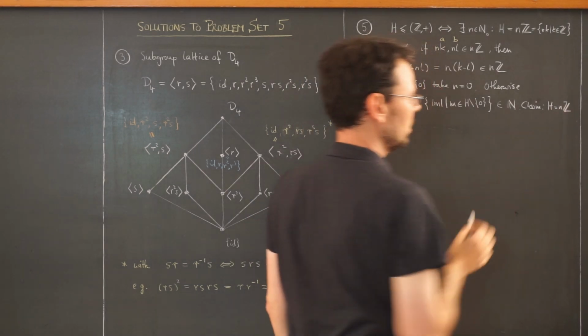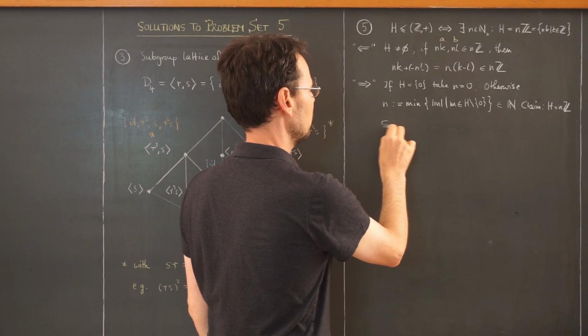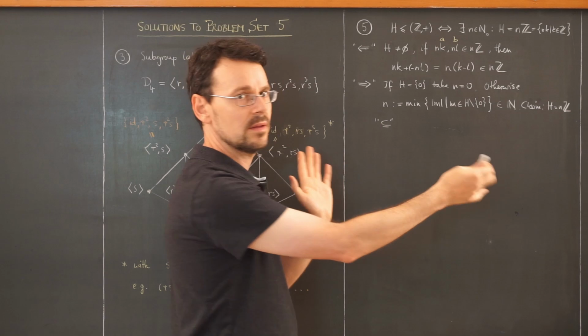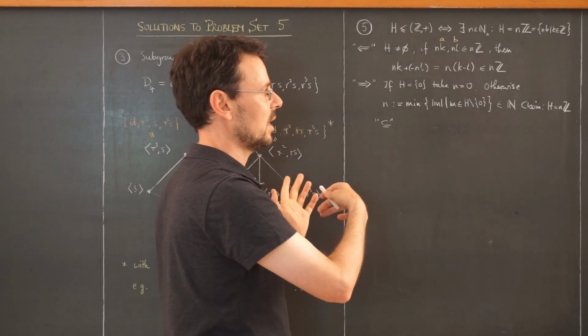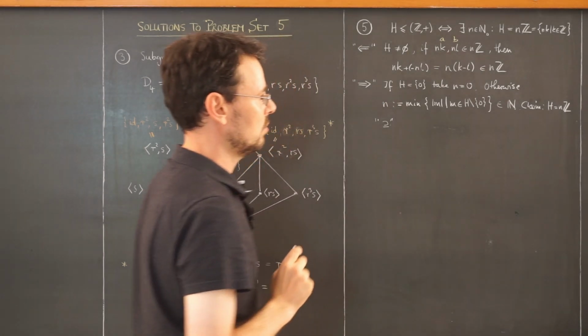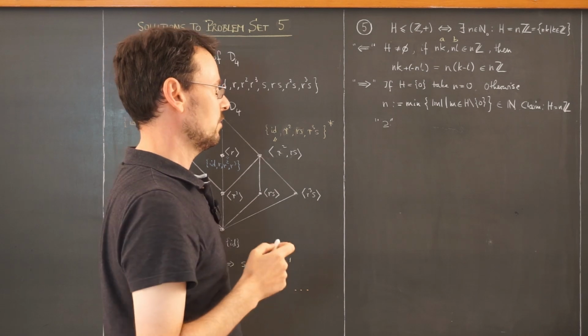Now to show equality of two sets, it is often useful to prove that the left side is contained in the right side and the right side is contained in the left side. So we do the easy direction first.